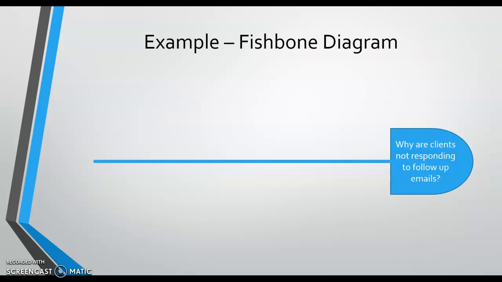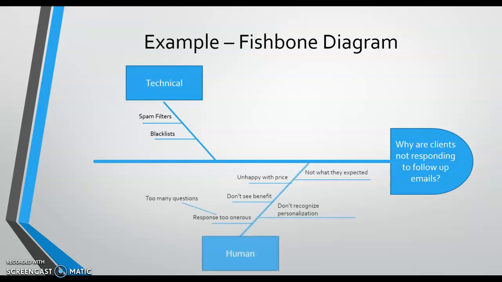So this isn't a project management example exactly, but I think it is a good example of how to do a root cause analysis. I sort of identify 2 areas. There probably are some technical issues. Probably a really big one is that a lot of these emails go in spam filters and people never see them. I think that's a big issue. There's sometimes some blacklists too with different domains.